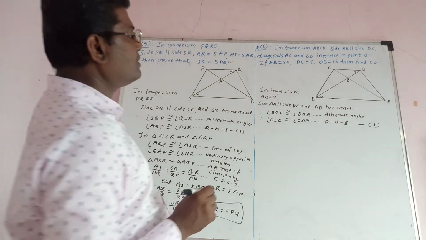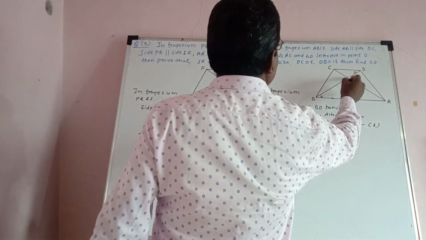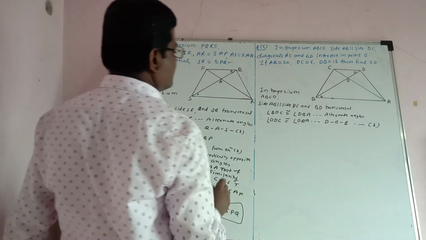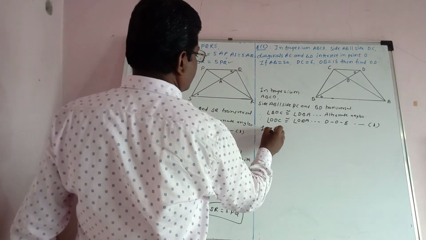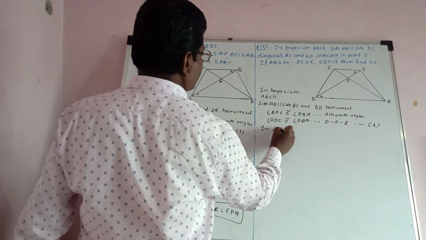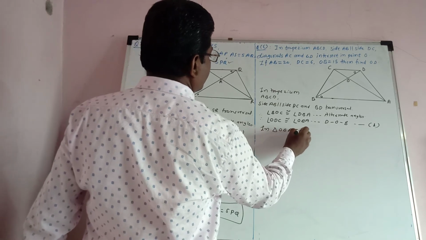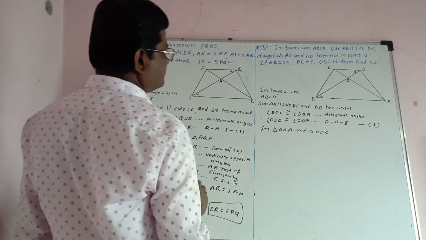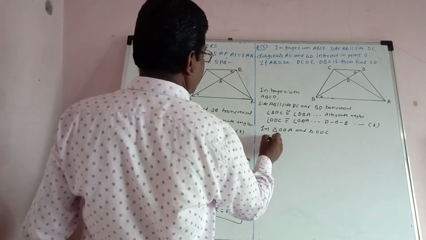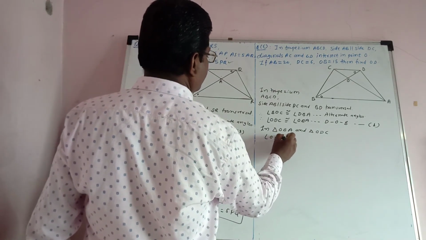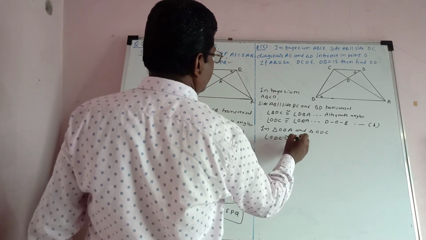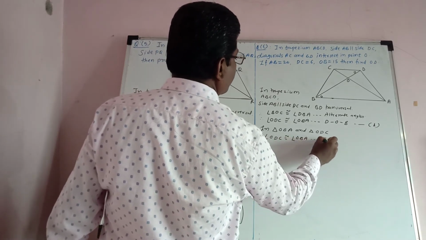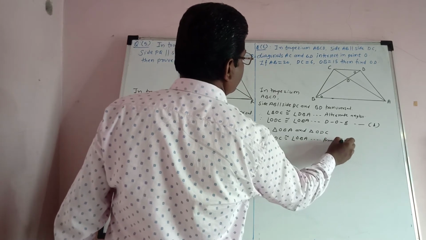Now consider two triangles, triangle OBA and triangle ODC. In triangle OBA and triangle ODC, angle ODC is congruent to angle OBA. This is from equation 1.